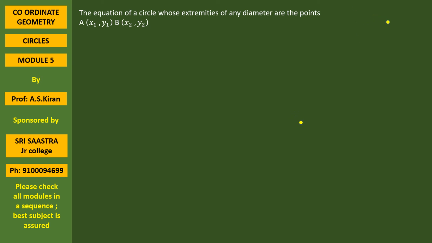But here there is a notion for the student. In our intermediate syllabus, the equation of a circle whose diameter has extremities A(x1, y1) and B(x2, y2) is obtained by another method. Of course, it is a very simple method, but in the previous explanation, it is only a particular case. Let us consider that also now.